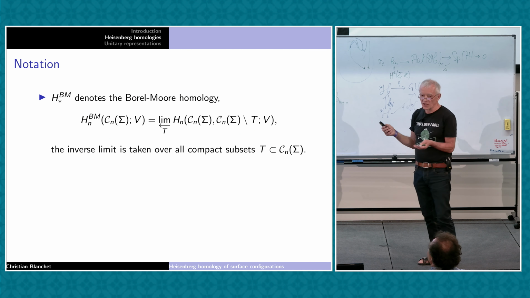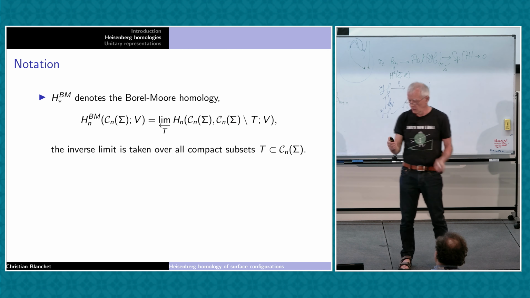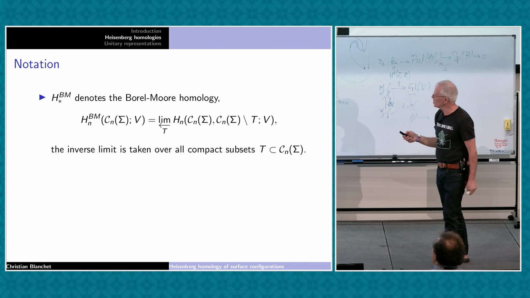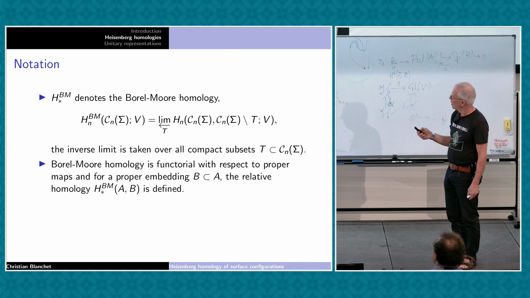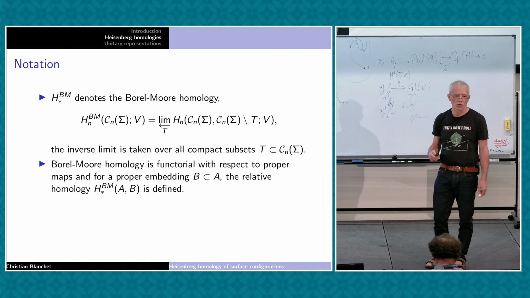And here, in configuration, because points can become very near, you can go very near the diagonal in the symmetric space. We have a non-compact space, so it's appropriate to consider this variant. And then this Borel-Moore homology is functorial with respect to proper maps, in the sense that the inverse image of a compact is a compact.